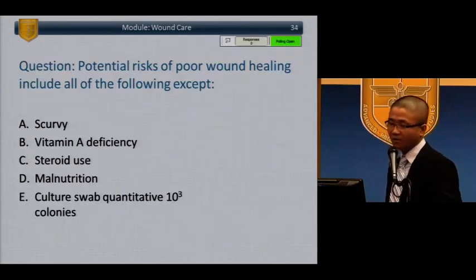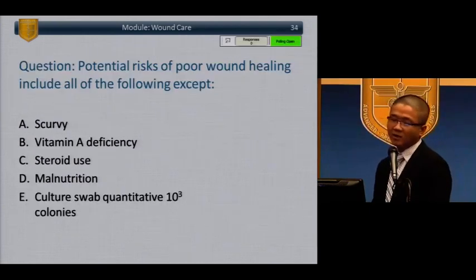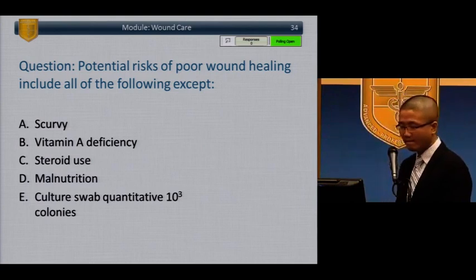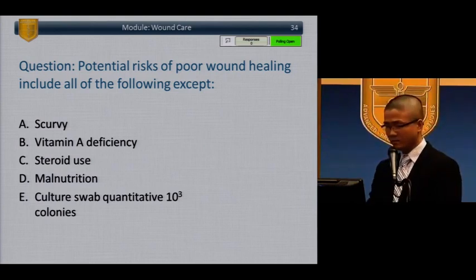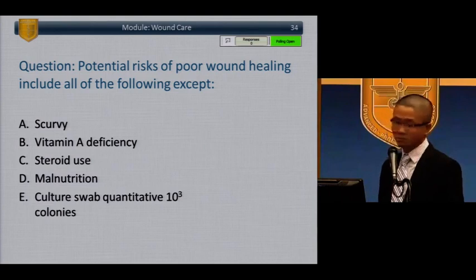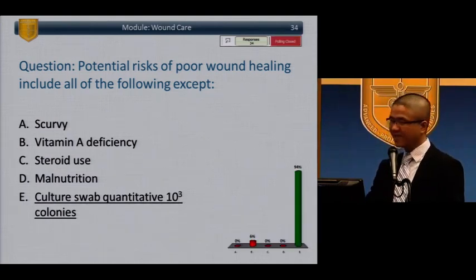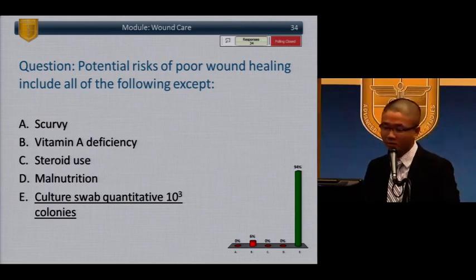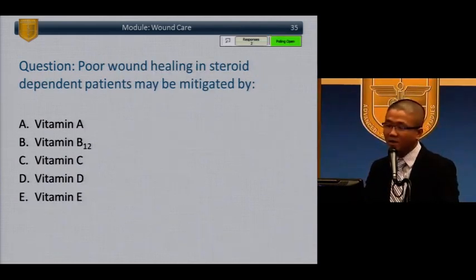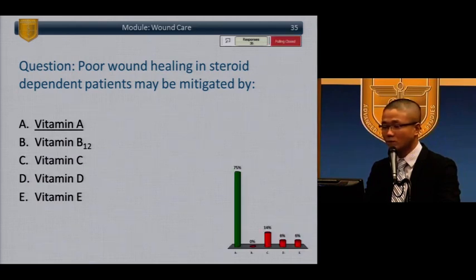Okay, question. Potential risks of poor wound healing include all of the following except. Fantastic. It's 10 to the 5th, all right? 10 to the 5th. Poor wound healing in steroid-dependent patients may be mitigated by, great, vitamin A. Okay.